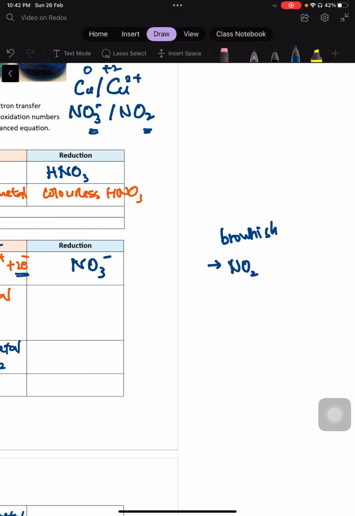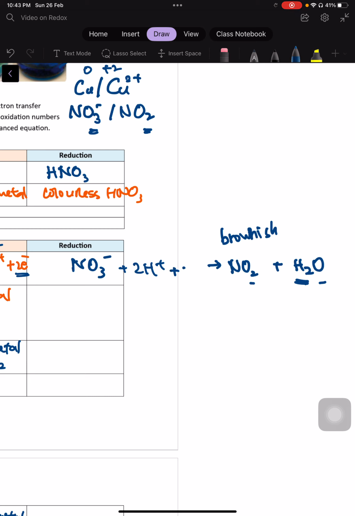First we balance the element other than oxygen and hydrogen, in this case nitrogen. Next, balance the oxygen by adding water on the opposite side. There are 3 on the left, so we need to add 1 water to get 3. Then to balance hydrogen, we add 2 hydrogen ions, as we have 2 hydrogen on the right hand side.